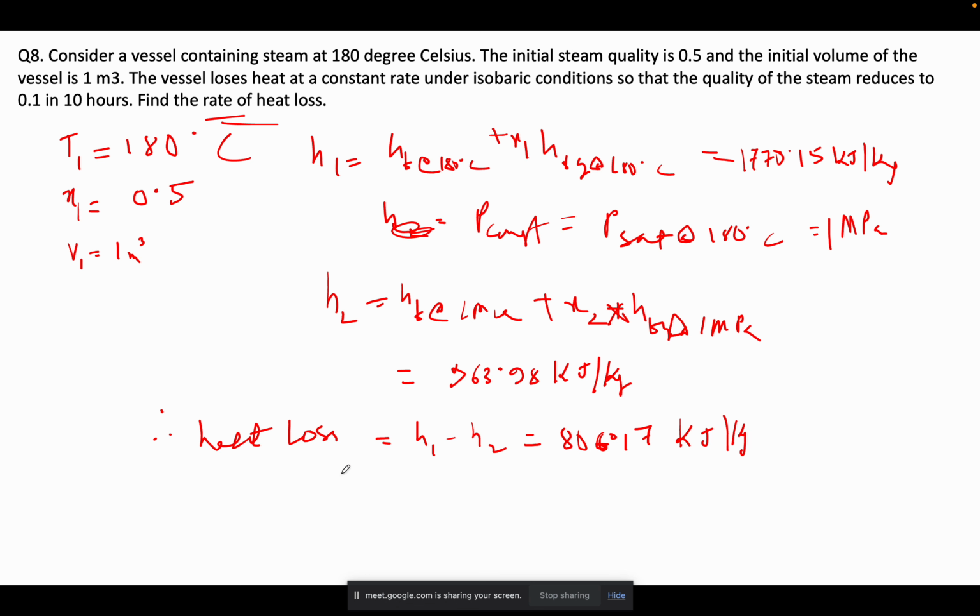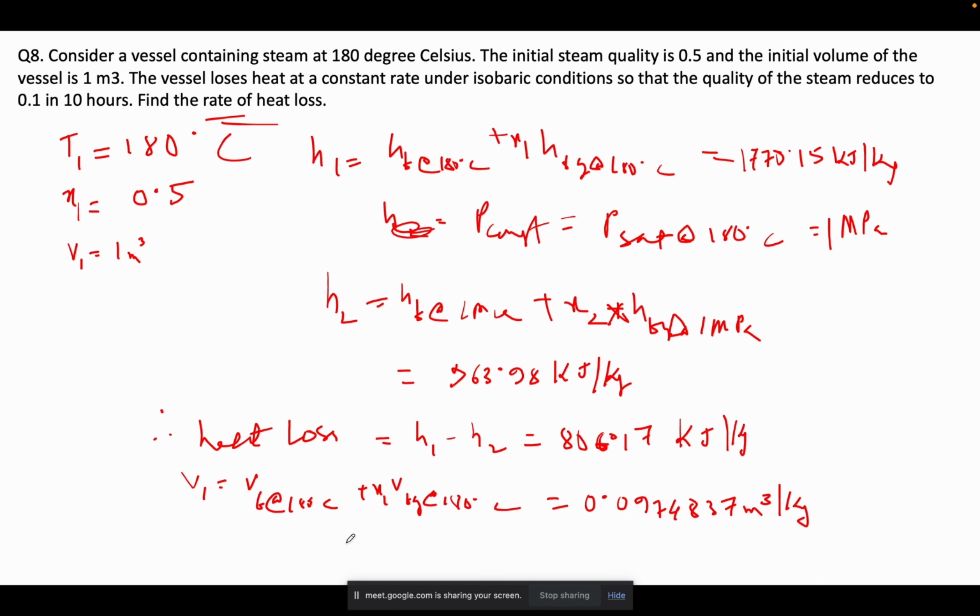Okay, now how to calculate mass? We know v1 is nothing but vf at 180 degrees Celsius plus x1 times vfg at 180 degrees Celsius. If you put this you will get 0.097487 meter cube per kg.